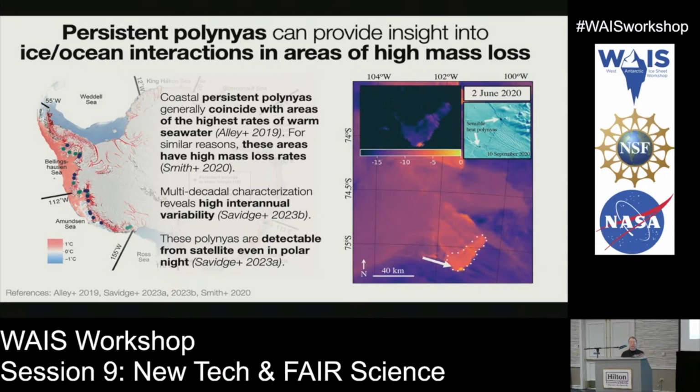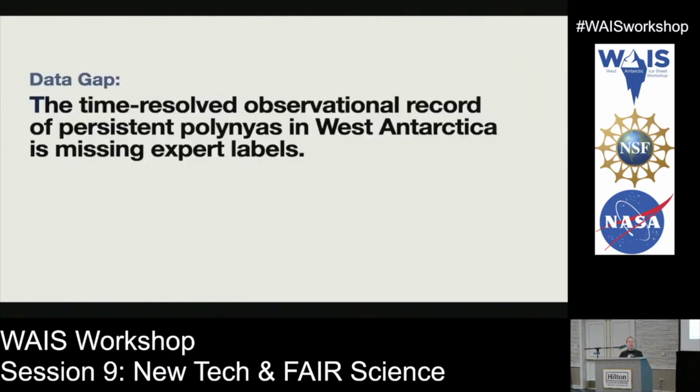Additionally, Savage et al. 2023a, the same group that completed this multi-decadal characterization, found that these polynyas are detectable from satellite even in polar night. And so now we know that they offer compelling windows into subsurface processes that are visible all year and display this high interannual variability. But as I hinted at earlier, we have this data gap.